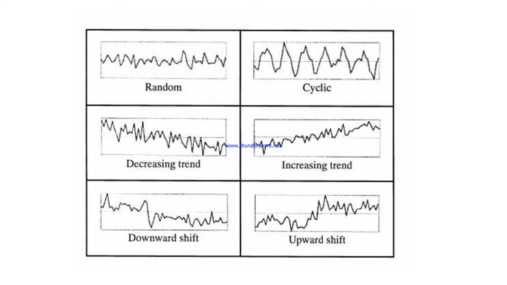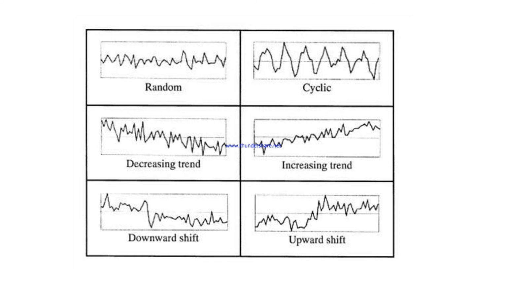In that case also we need to stop our process and see what the causes are for this behavior. That is, there is something wrong in the process. That's why we can see a shift in the points when we plot it.